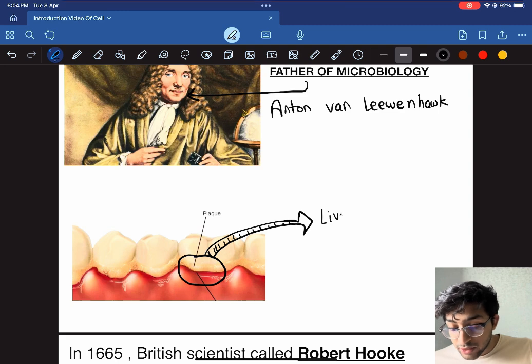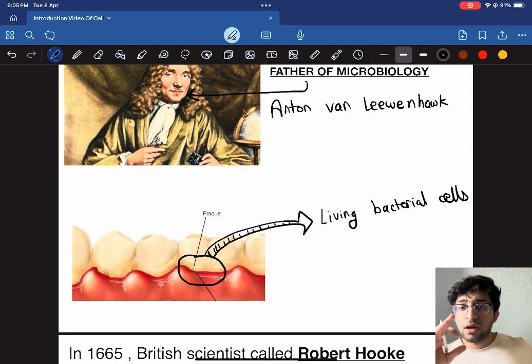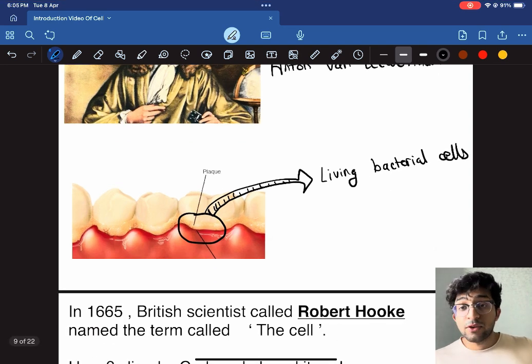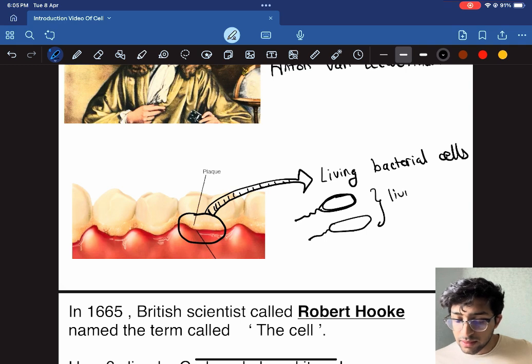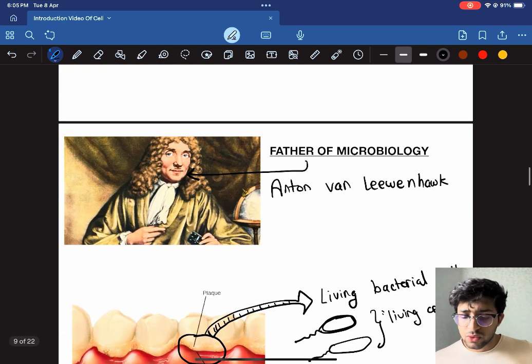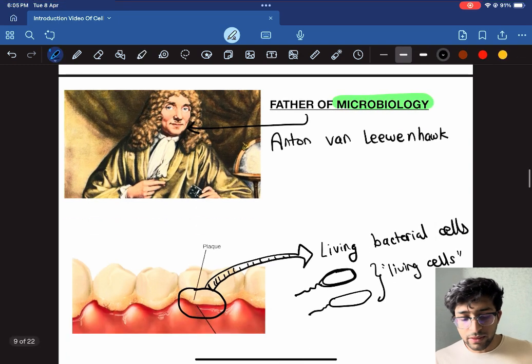He found actual living bacterial cells. He was amazed to know that around the gums area there are living cells. At that time it was a huge discovery because no one knew about it. That's why he's called the father of microbiology.